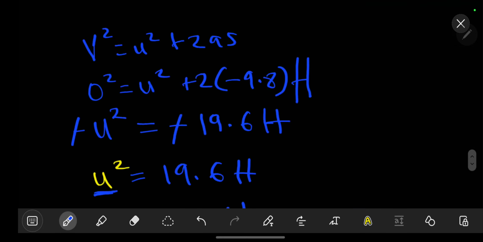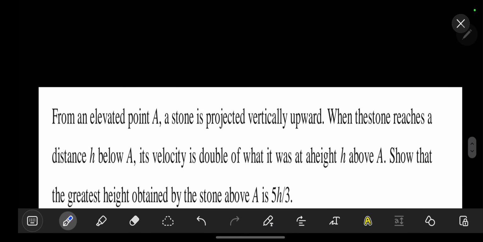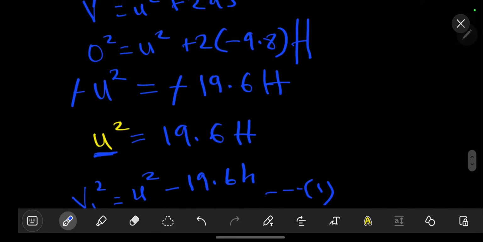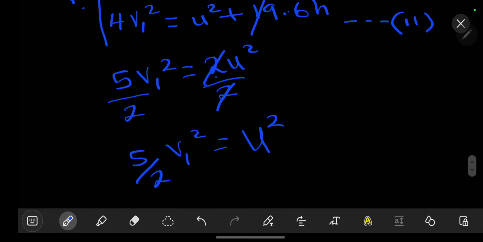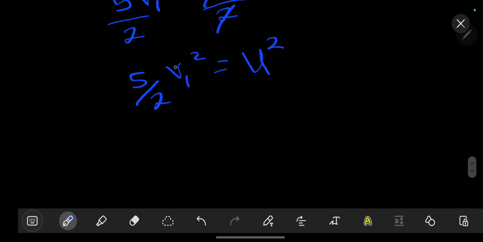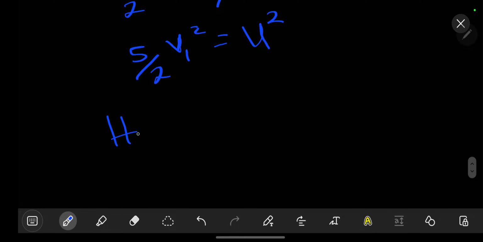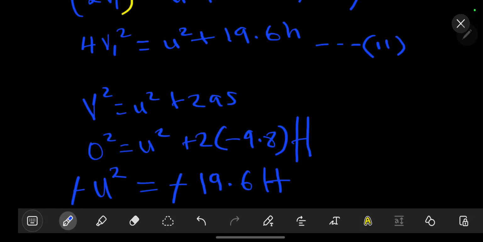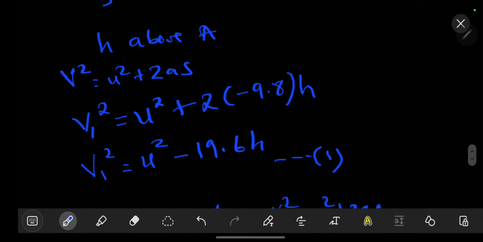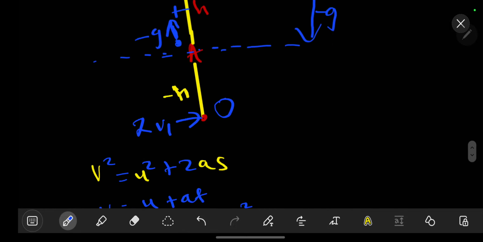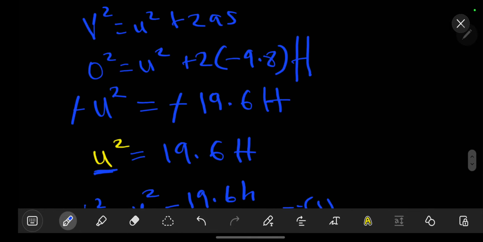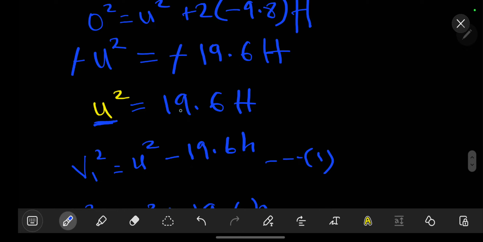So already the question was asking us to express in the form 5h over 3. So at least we have a 5. With that said, we can now remember the greatest height equation. According to the greatest height equation that we have come up with, we have found that it is equal to 19.6h.